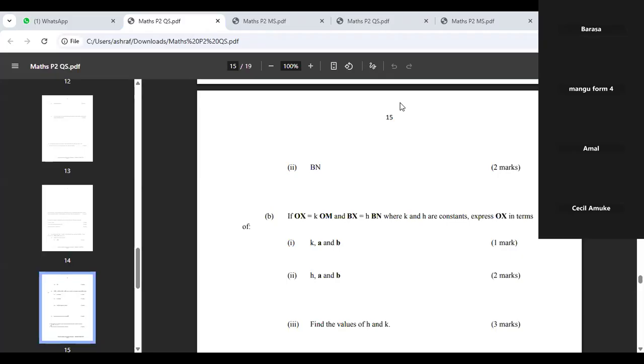BN and OM intersect at X. So the other way of getting to X from O, passing through BX, is you want to move from O to B and then B to X. Is that okay? So what do you get? Yes, Baraza.